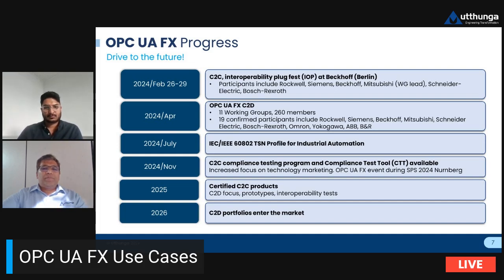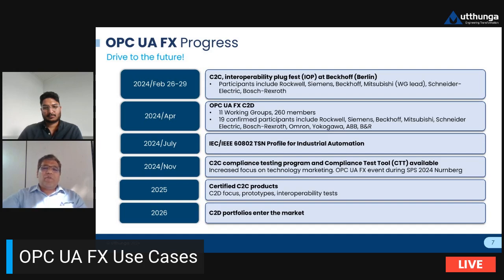And in July, there is this TSN based standard, an IEEE standard that is already there for standard networks, nothing specific to industrial.